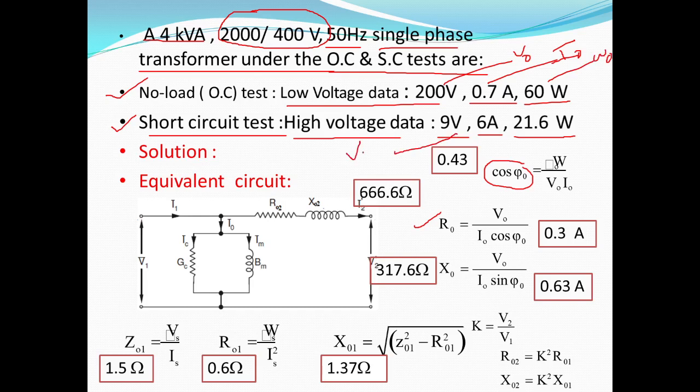Vs is the short circuit voltage, Is is the short circuit current, and Ws is the wattmeter measured power under the short circuit test. Substituting the corresponding values in the equations, we determine the no load branch parameters as well as the resistance and reactance referred to the primary of the transformer.